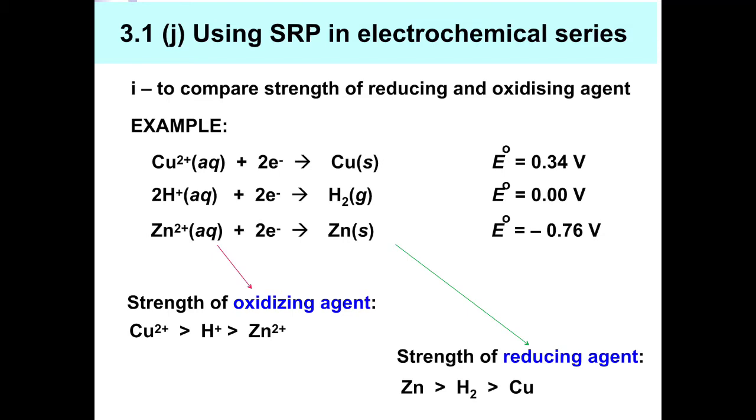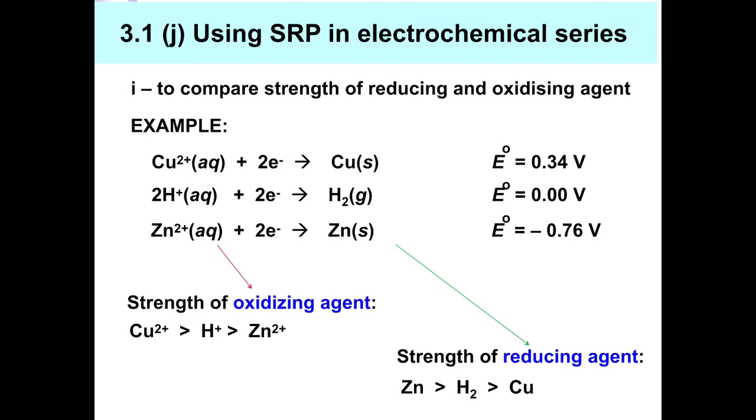The more negative the E0, the stronger it is as a reducing agent. So here the most negative belongs to zinc, followed by H2, and the last one is Cu as the least strong reducing agent.